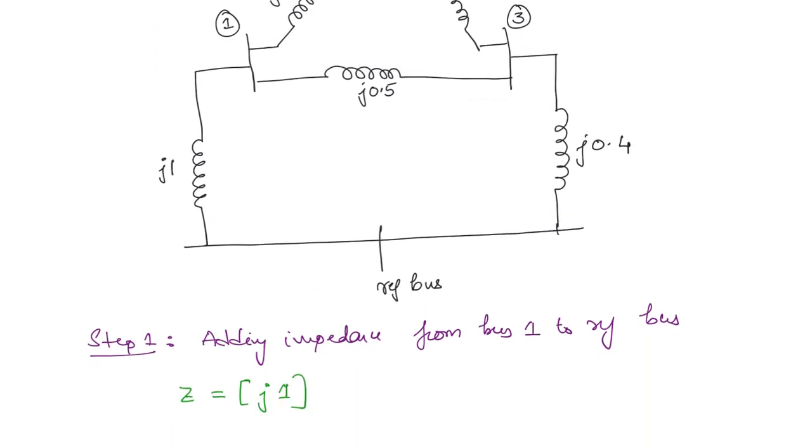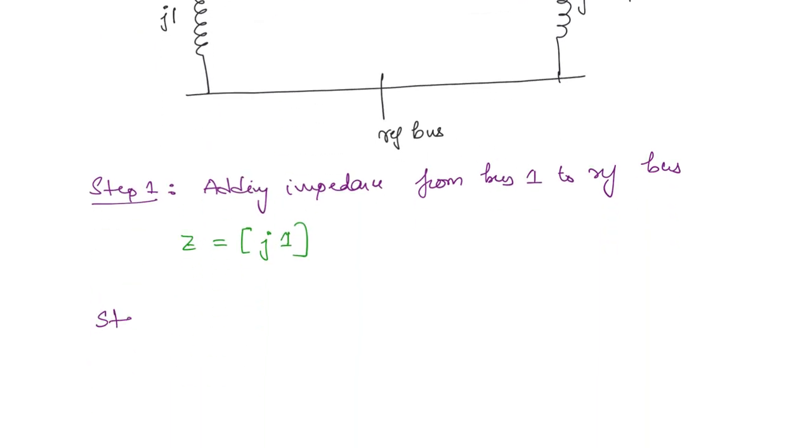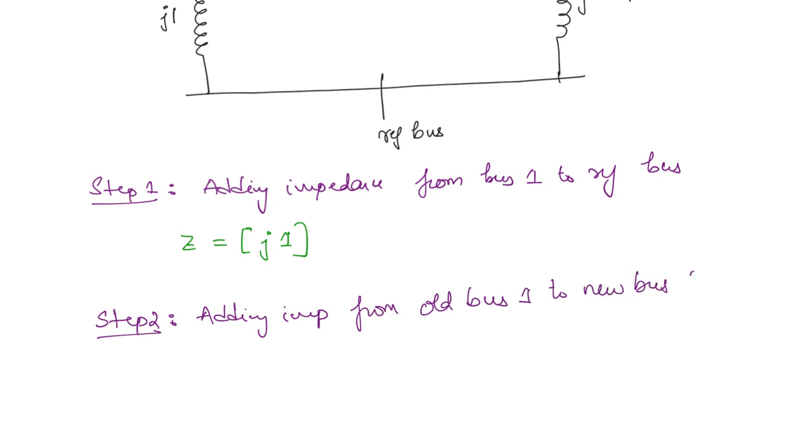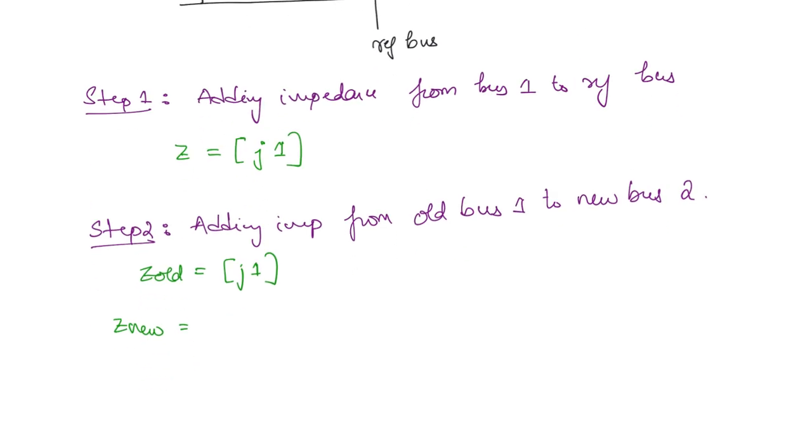Okay. So accordingly you have to take the case, that is case 2, right. So step 2 is adding impedance from old bus, we will write old specifically, to new bus 2. Okay. Then Z old will become whatever we found in step 1, previous step, right. What was that? j1. Now what will be Z new? From the case 2 we have the old matrix, we will write as it is.